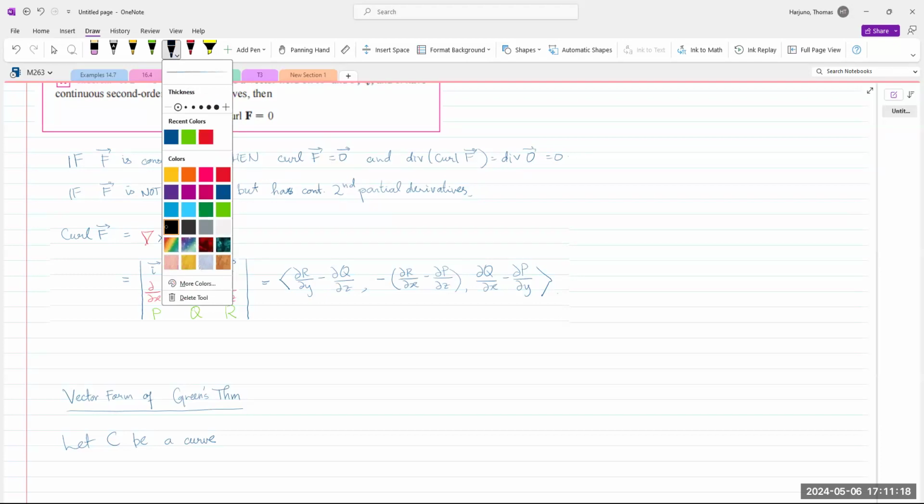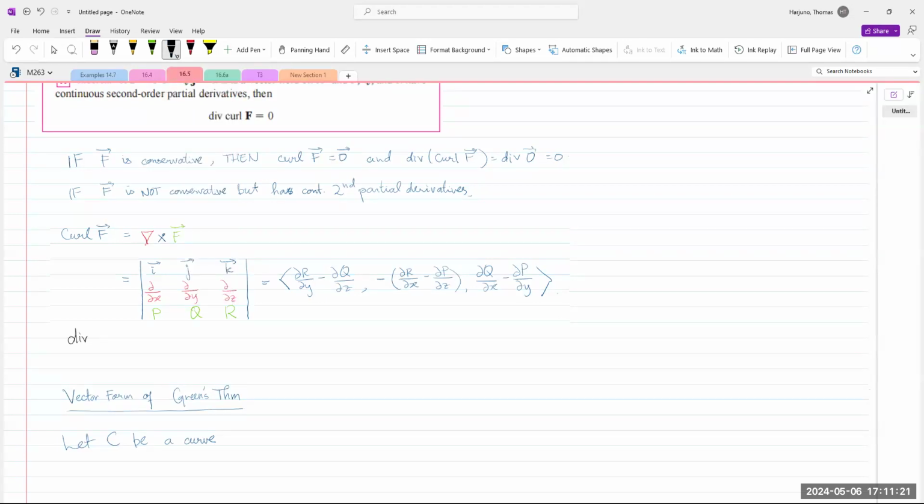The divergence of curl of F is equal to the partial with respect to x of (partial R partial y minus partial Q partial z), plus partial with respect to y, actually minus because of the negative, of (partial R partial x minus partial P partial z), and then plus partial with respect to z of (partial Q partial x minus partial P partial y).